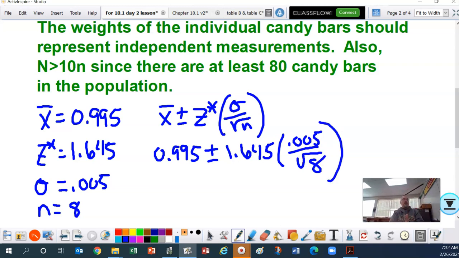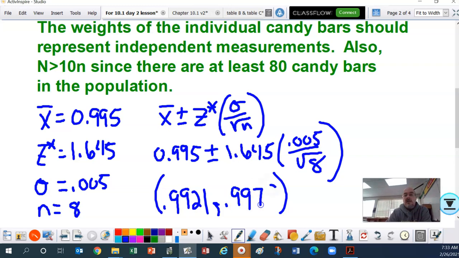You plugged your numbers in, you've shown everything, and then you can go right to the answer. I'm not going to take time to type that into the calculator, but you should get, I believe, 0.9921 to 0.9979. So that is step 3, showing the calculations.